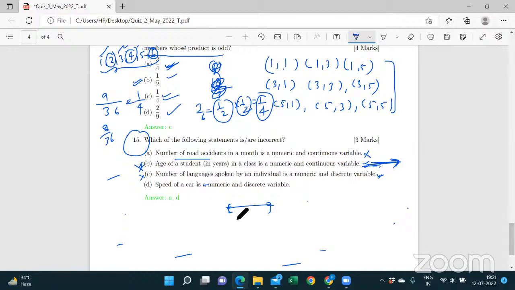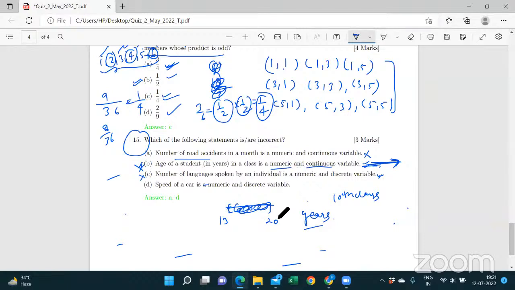Let's take 13 years. And maximum age, let's take 20 years for those students. So age of students can take any value between these two intervals, and you are measuring in years. Yes, sir. So that's why it's continuous and numeric.